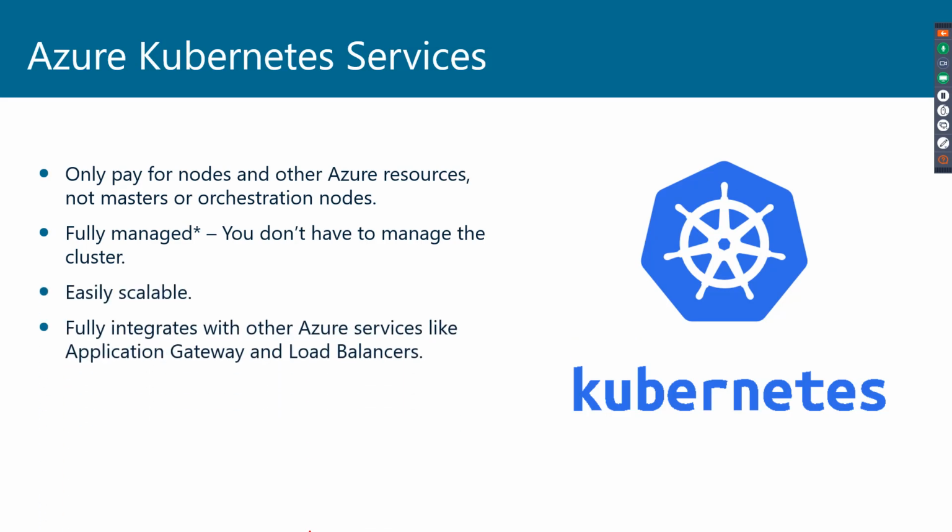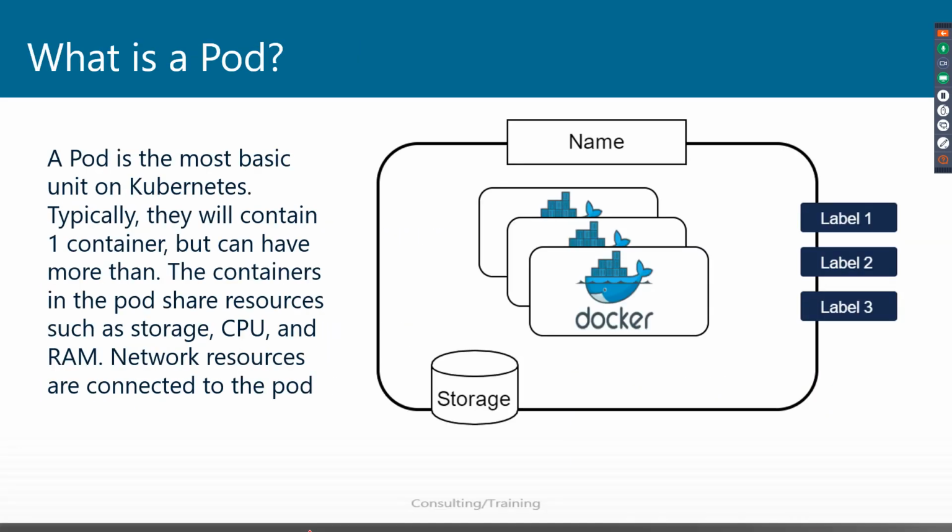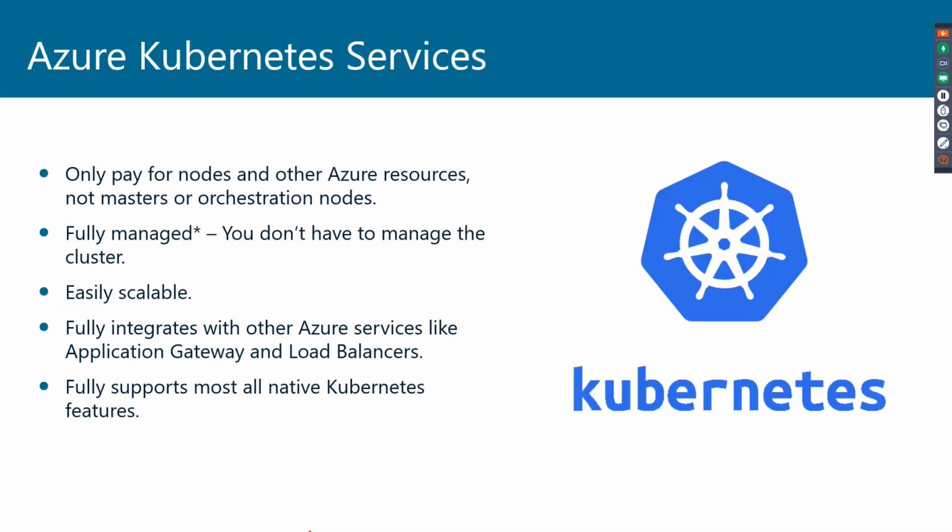It's easy to scale it. I can show you how to do that. It fully integrates with other Azure services like application gateways, load balancers, Azure file storage, Azure disk storage. You can integrate it with other storage options as well, because all those drivers are available in AKS. And it also supports most native functionality, and you can also bring in third-party functionality like Helm or other packages into Kubernetes to deploy things like Helm packages, or if you want to use Istio for monitoring, or Prometheus or something like that.